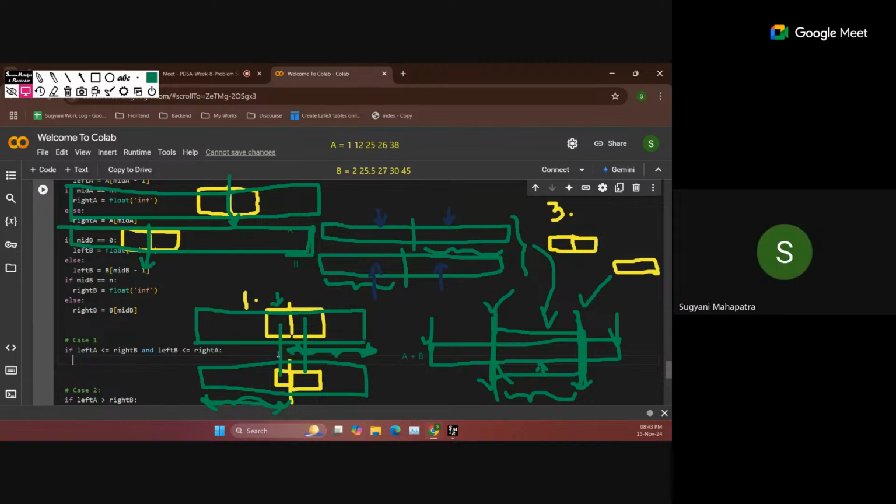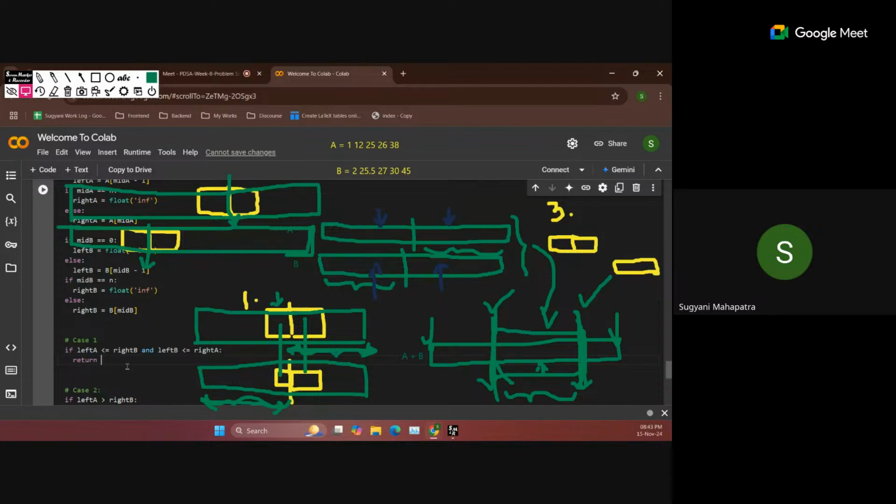So if such a scenario arises, then we will just take the average of these two elements. What will be the value at the boundary of this range?